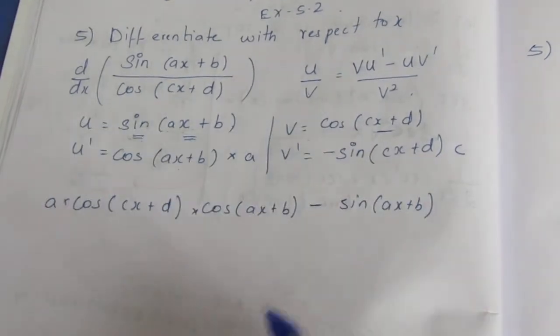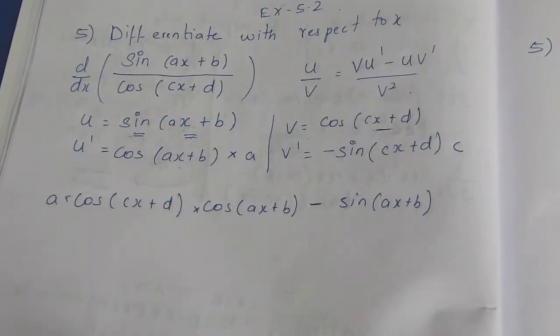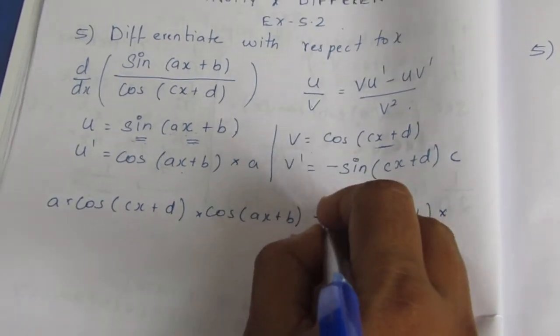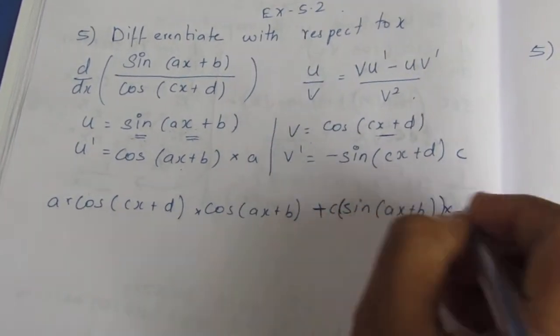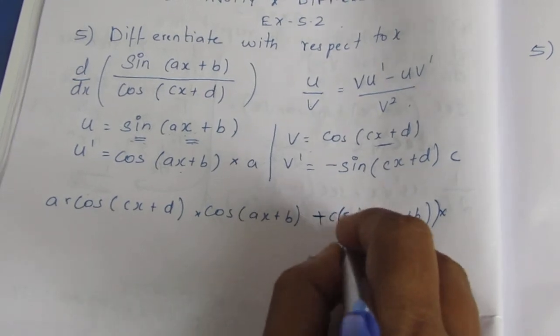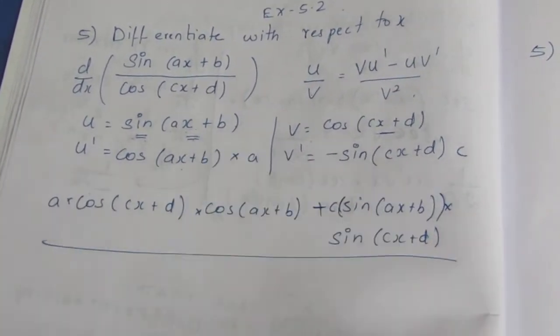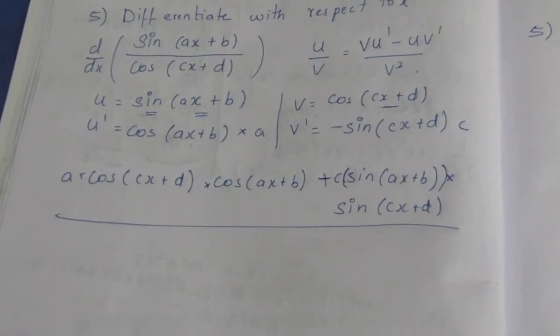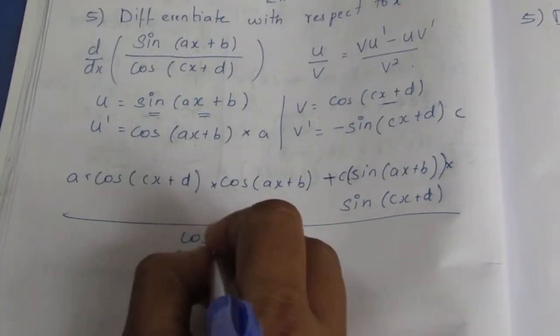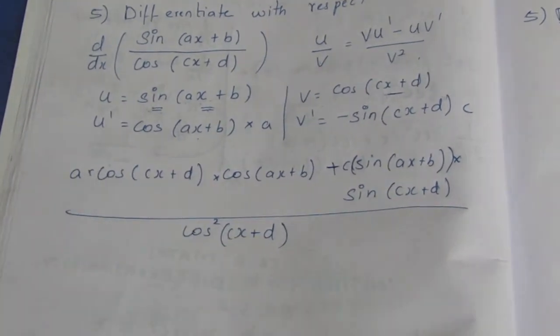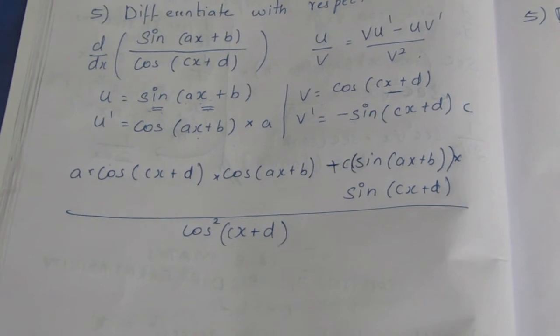This is your v dash. We have a minus sign, so minus into minus here will become plus, into c. I'll write it in the front: c sin(cx+d), by the denominator square. Denominator square is cos square (cx+d).